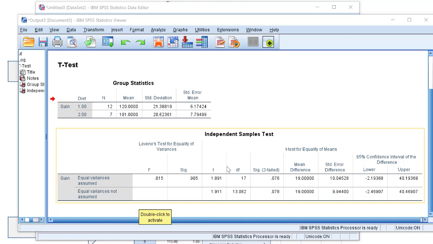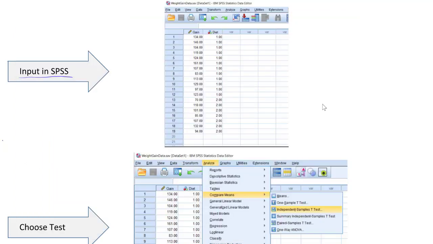So then we go over here, and here's the information. There's our t-value, the degrees of freedom. Here is our two-tailed p-value. There's the significance right there. Again, some more information, but we want to focus on this right here. So let's go back to our information sheet.